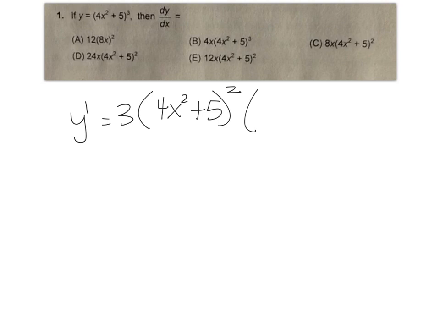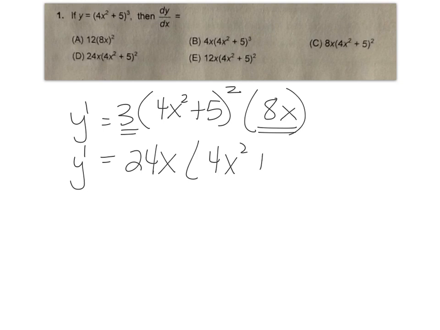The derivative of that inside function would be 8x plus 0, which we don't need. So we can multiply the 3 times the 8x to give us 24x times 4x squared plus 5 quantity squared, which would be answer choice D. So that is just your basic chain rule derivative multiple choice question.